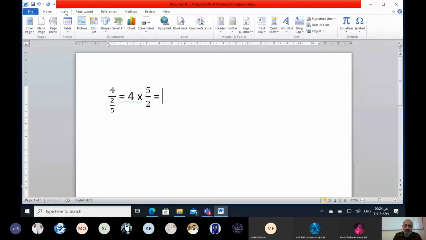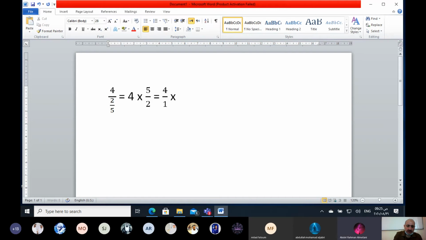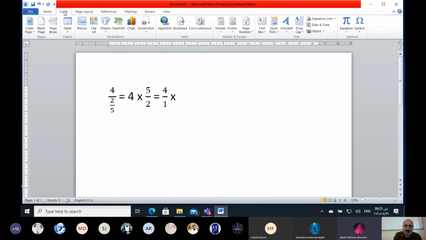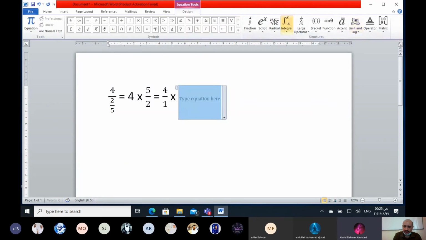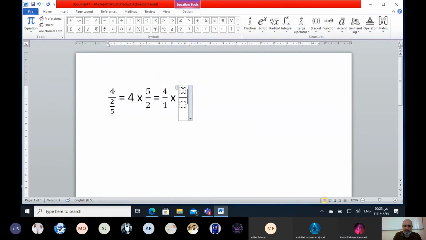How to multiply a whole number by a fraction? Change the whole number to a fraction. How? 4 will be 4 over 1. And here we have 5 over 2.